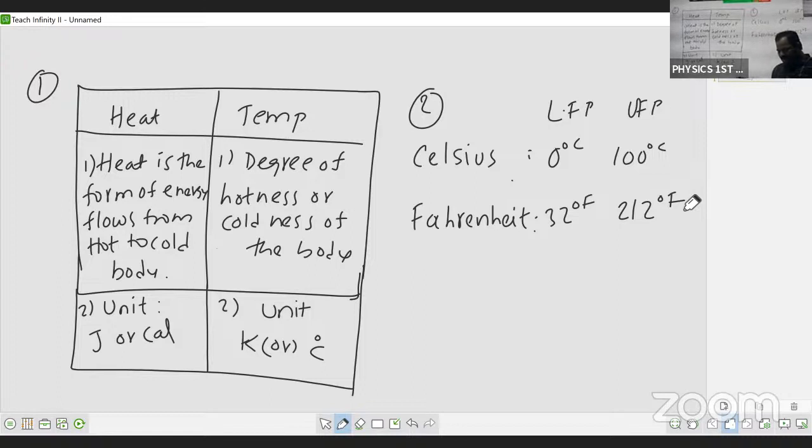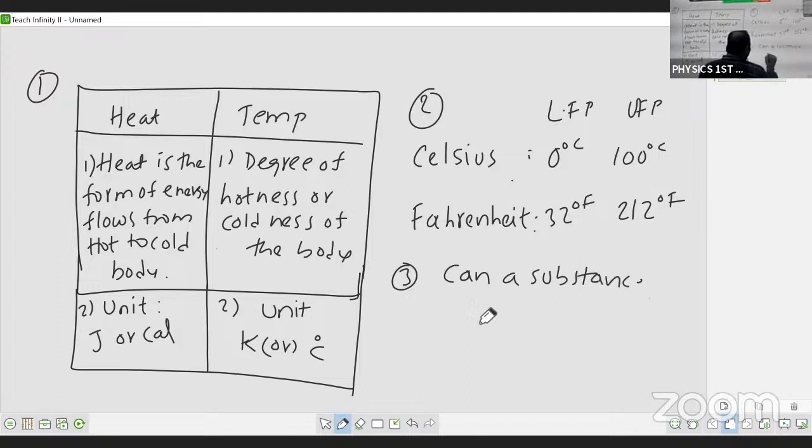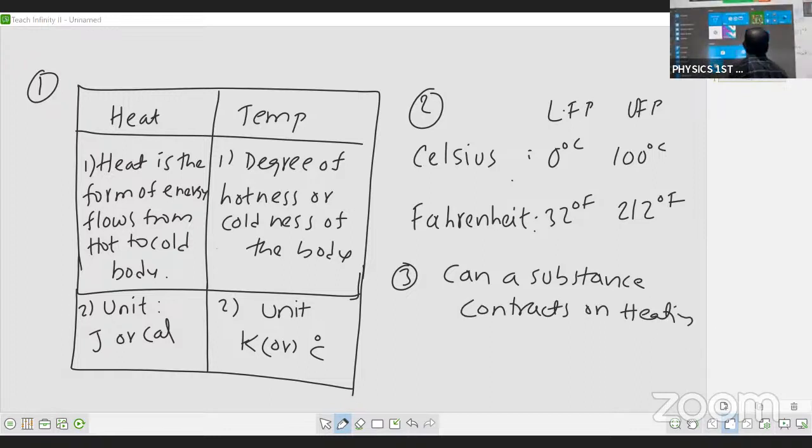Next, this question came in a previous annual examination: can a substance contract on heating? Give example. For this one, answer yes.